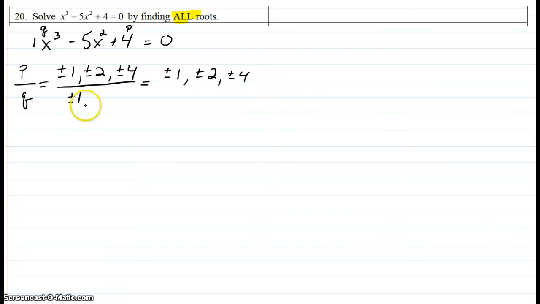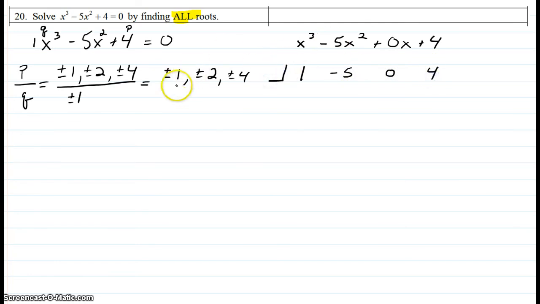So I'm going to start checking these possible factors using synthetic division. So this is x cubed minus 5x squared, and then make sure you include that 0x plus 4, and so my coefficients are 1, negative 5, 0, and 4.